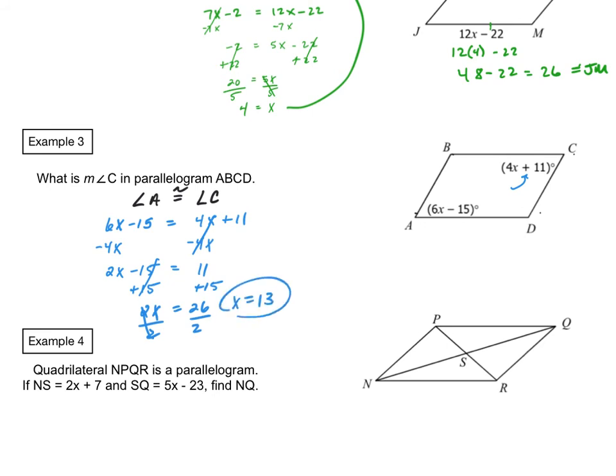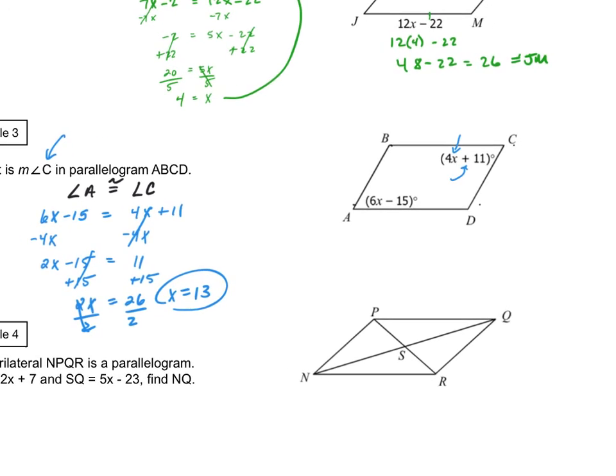Well, I found x, but I have not found the measurement of C yet. So I'm going to substitute in 13 for the value of x to figure out my angle measurement. So here I know that C is 4 times 13 plus 11, so that would be 52 plus 11, or 63 degrees.